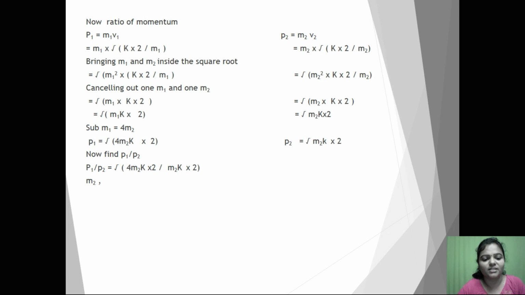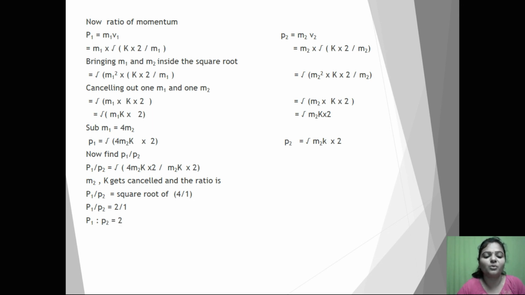Now in the RHS, m2 K is common in the numerator and in the denominator. So we can cancel it. So P1 by P2 is equal to square root of 4 into 2 divided by 2, which is nothing but square root of 4 divided by 1, which is nothing but 2 divided by 1.